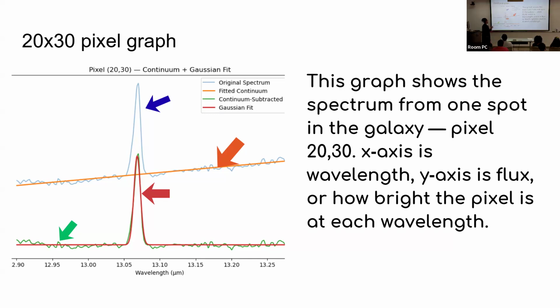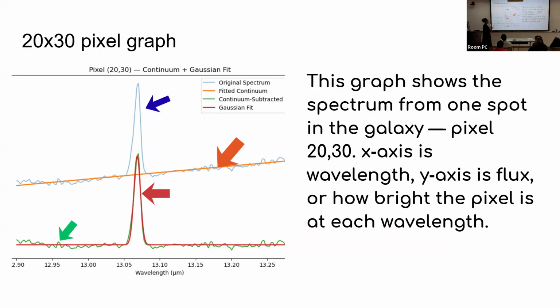We used the masking function, which basically took away all of the wavelengths from 12.9 and below and 13.3 and over. So what you see right now is just that condensed wavelength range of the cube, but just for this singular spaxel.